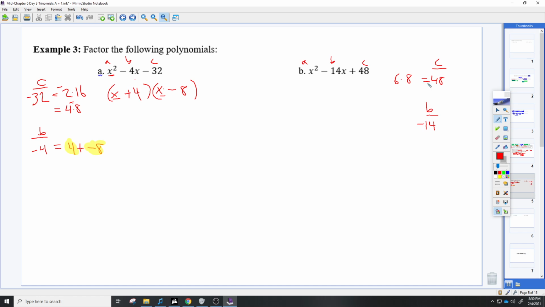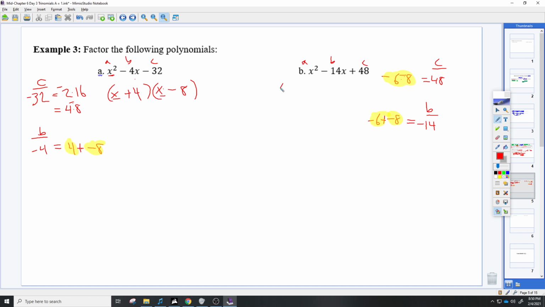If you multiply that together, you'll get 48. If you add them, you get 14. We need to get a negative 14. So how are we going to change that? How else can we get a positive 48 when we multiply? They both have to be negative, right? So if we come down here and do negative 6 plus a negative 8, that gives you negative 14. So these are our magic numbers.